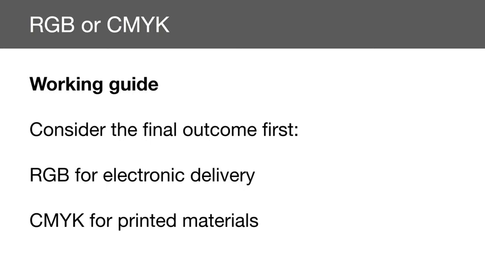Oftentimes, if you're working in InDesign or Illustrator, you can always work in CMYK first and then convert to an RGB format at the end, but you're going to come up with some surprises because the colors don't actually match each other, because one device is using light in combination of 3 different colors to make the image on the screen, as opposed to the print.